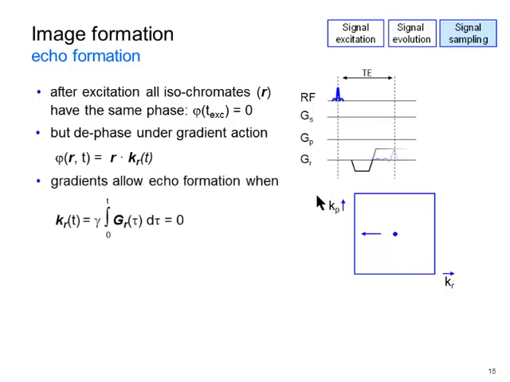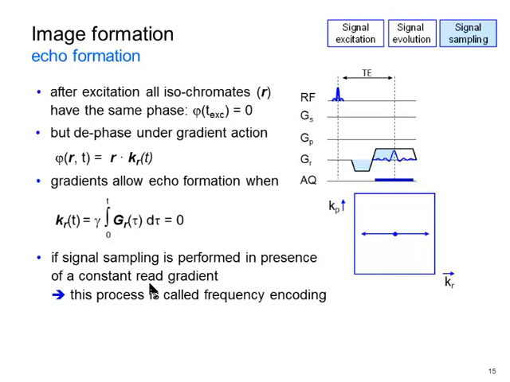And if we are now refocusing this gradient, that means if the time integral over the gradient we have applied vanishes, all isochromats add up coherently, forming an echo with very high signal strength. We are ending up in the center of k-space. And if we are applying the gradient even further, we are further dephasing the signal.